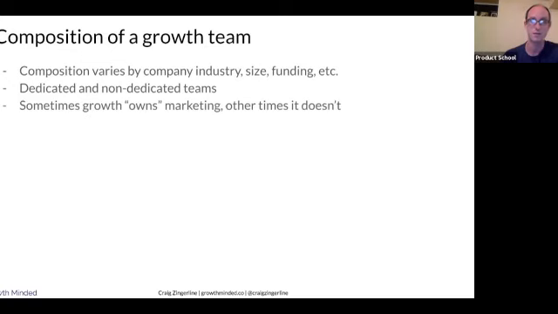The other interesting thing is that sometimes growth, and the growth PM inherits this, actually owns marketing. I've been at companies and have worked with companies where there's no marketing team, and so the growth team is responsible for customer acquisition.